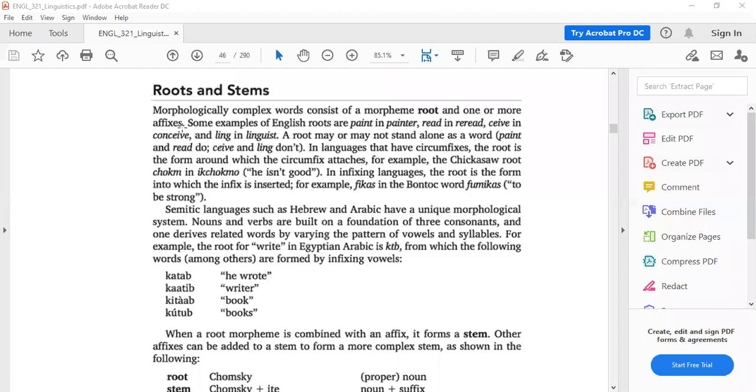In English, it can be both. The root sometimes can stand alone, as when we say painter is taken from the root paint, and paint can stand alone. Read can stand alone. But roots like ceive and ling cannot stand alone.